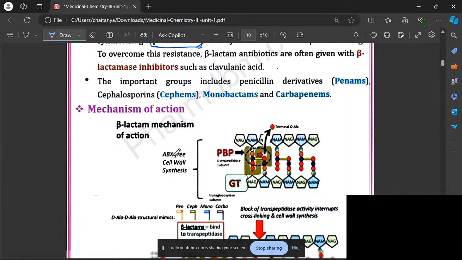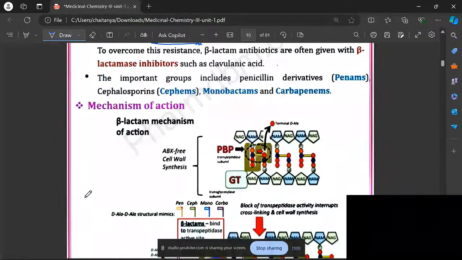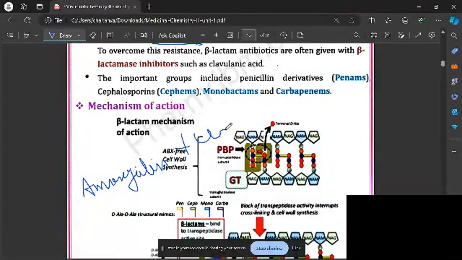If we go to the market, we have a tablet, a drug that is amoxicillin plus clavulanic acid.